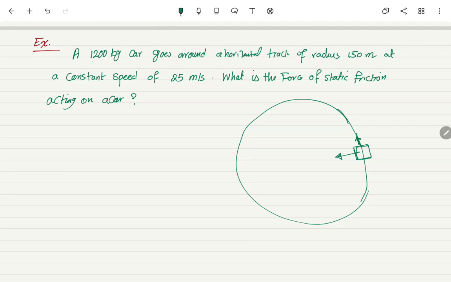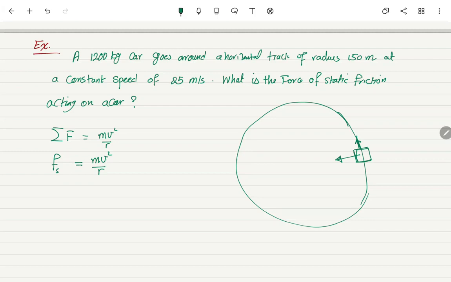In order to solve this example here, sum of all forces here equals mv square over r, or in other words, the only force that we have here is the static friction. So static friction here is equal to mv square over r.